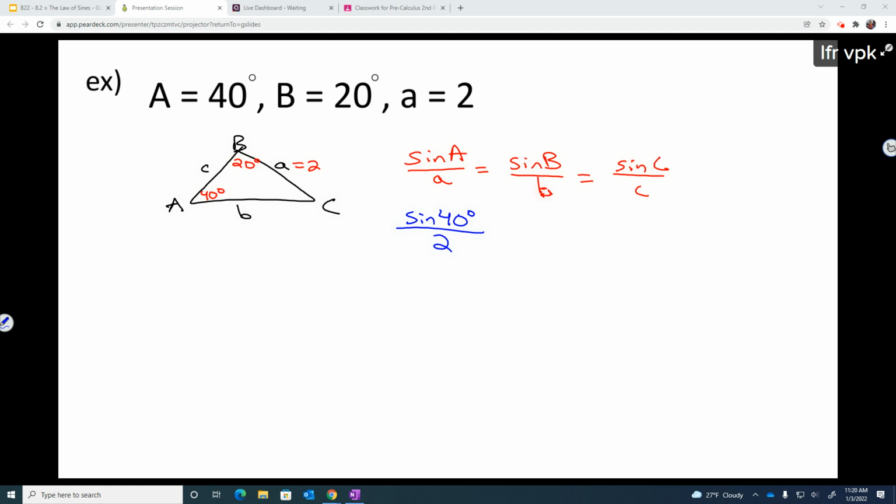And now the next easiest variable to solve for, because we've got to solve this whole triangle, would be little b, because we know what big B is already. So we're going to set this equal to the sine of big B, which is 20, over little b. So we use that ratio.